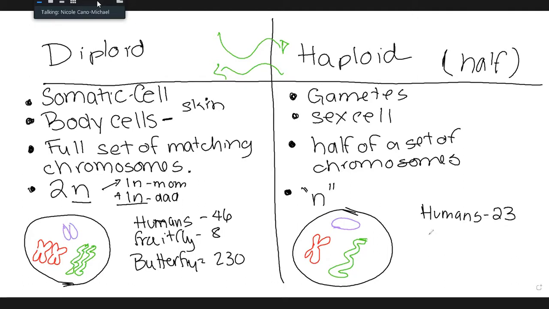Awesome. What would it be for a fruit fly? 4. It would be 4. And what would it be for a butterfly? Well, no big deal. It's 115.